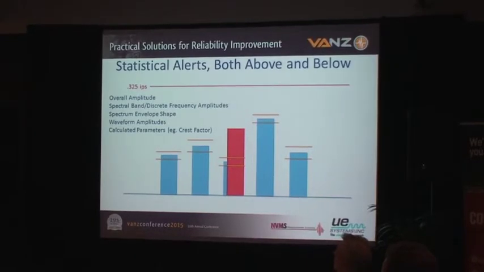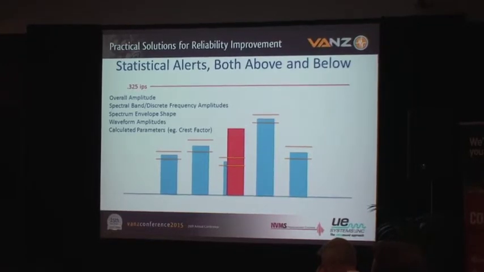One of the other things that I'm not a fan of, except, again, at the very beginning of a program, is combining data from theoretically identical machines into the statistics and saying, I've got a population of 100 of these identical machines, and so I'm going to statistically combine all these machines into a single set of statistical thresholds.